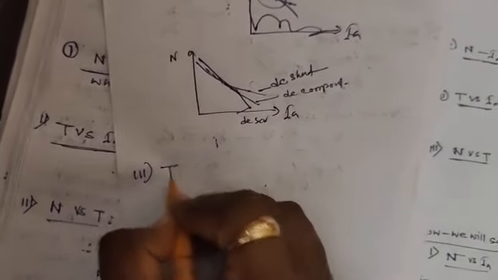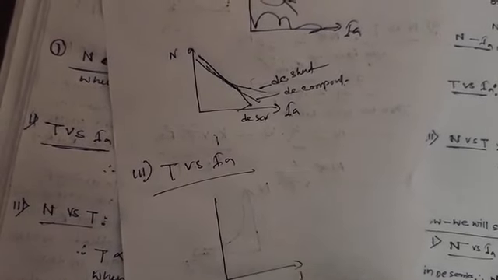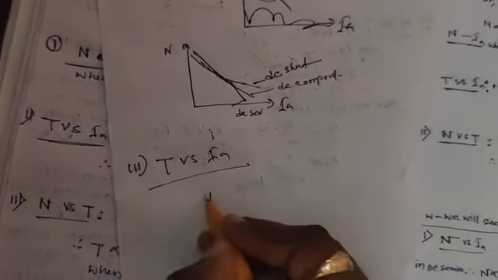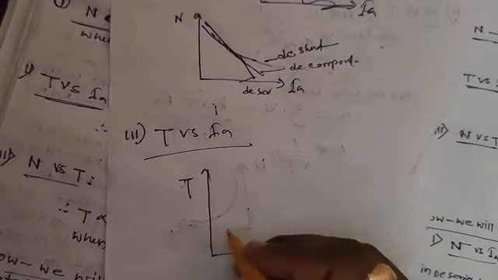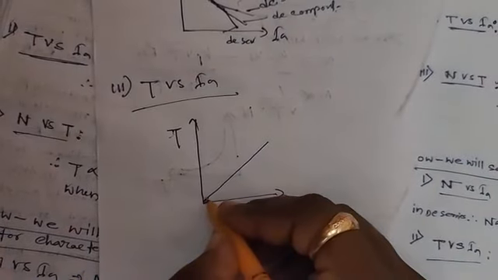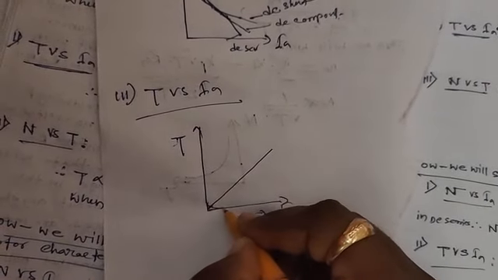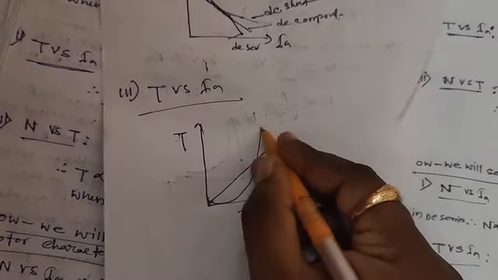Then I will draw torque versus armature current characteristics. This is the armature current, and the x-axis is the torque. For the shunt motor, the torque versus armature current characteristic is a straight line, and for the series motor this characteristic is this.